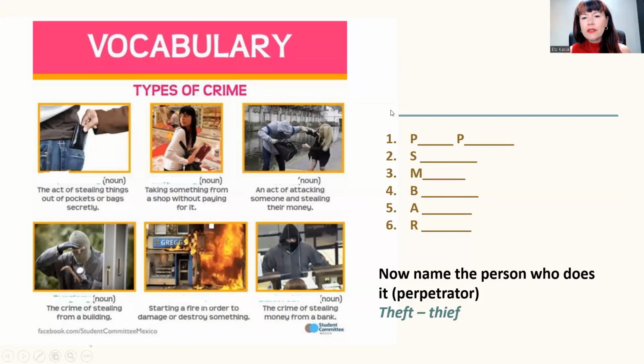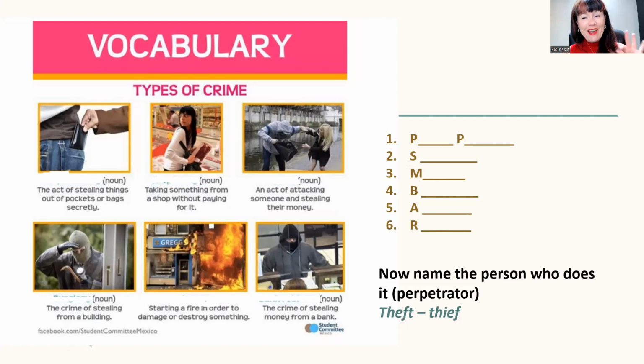Can you think of a good one? This is starting with the letter S. Okay. Another one is an act of attacking someone and stealing their money. Usually, yes, it usually happens in the streets. And this starts with the letter M. The next one is the crime of stealing from a building.